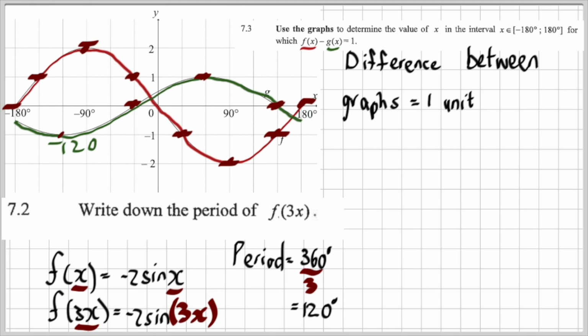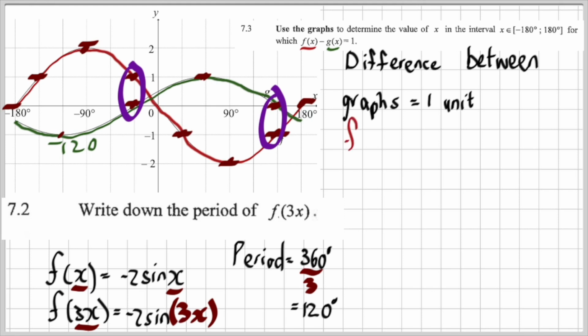Now, I see 2 places where that happens. There and there. Those are the only 2 places where I can clearly see that the difference is 1 unit. Now, please be careful of taking any other points because you don't know exactly what the y values are.